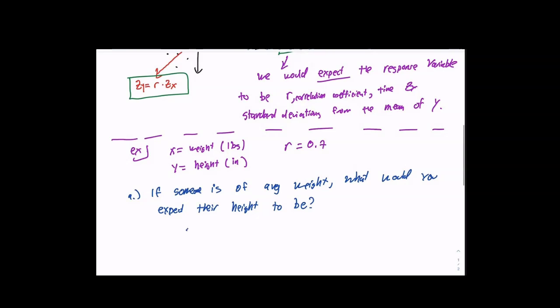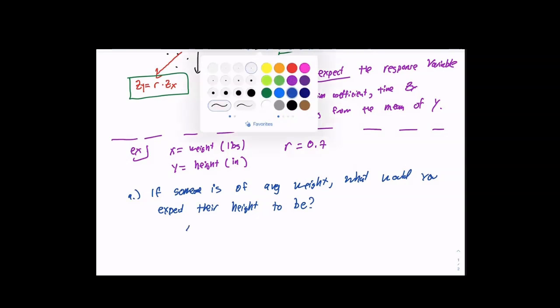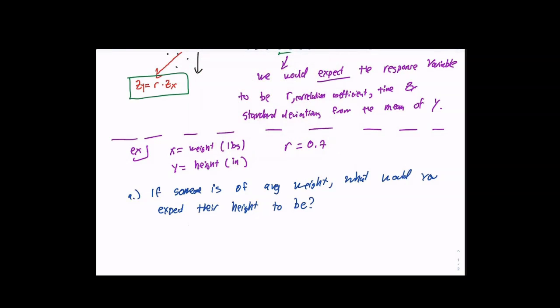Exactly. We would expect them to be of average height. So if somebody's average weight, you would expect them to be average height.